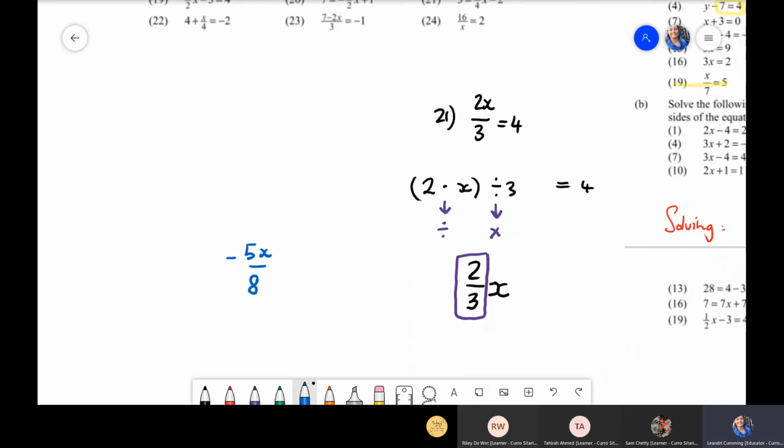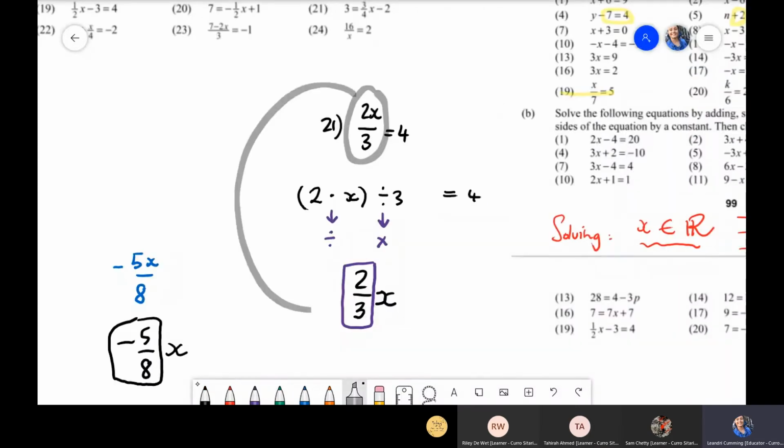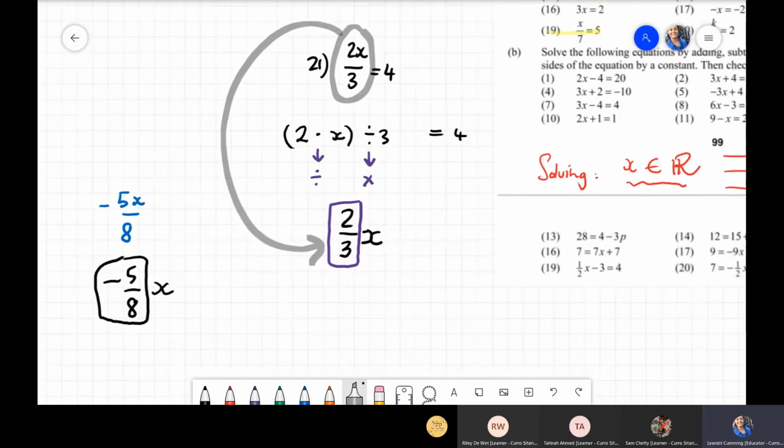And I asked, what is the coefficient of x? Now here, the coefficient of x is 5/8, as I am allowed to move my x slightly next to the fraction. Okay, so bear in mind, whatever you see, you are allowed to rewrite this as this. It's the same thing.